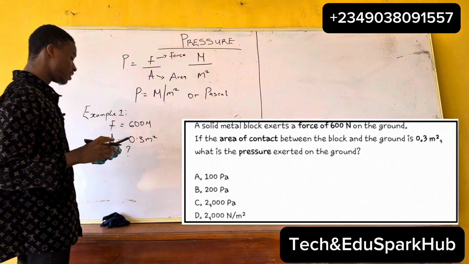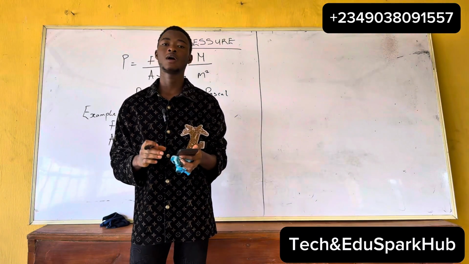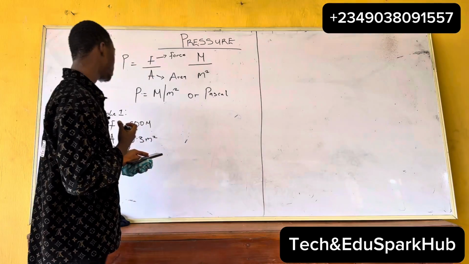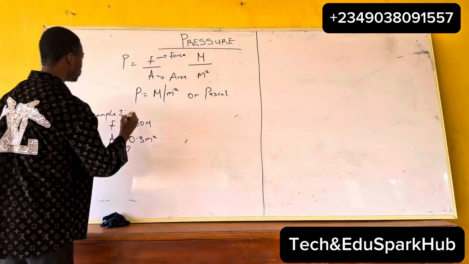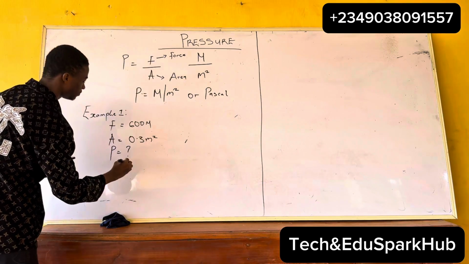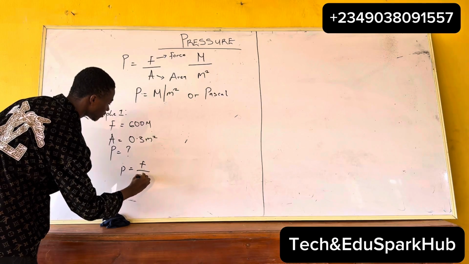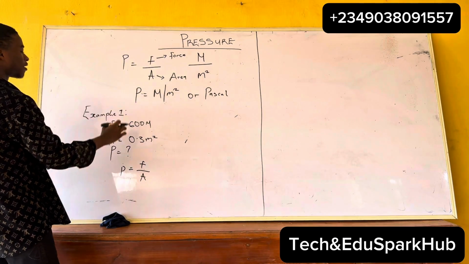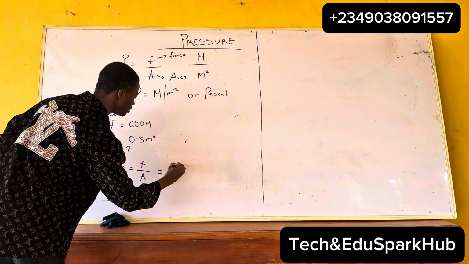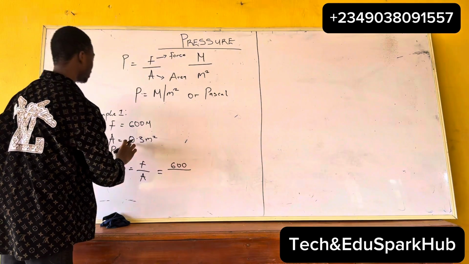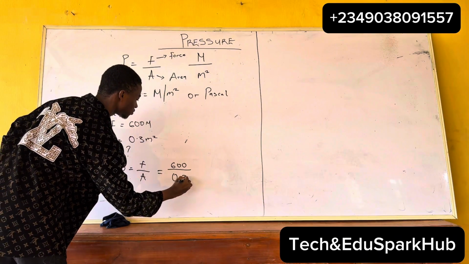When you have any type of question, the first thing to do is to write the given parameters. Once you have the parameters, you can solve the question with ease. Since we know that the formula for pressure, P, is equal to force over area, we can say P equals 600 Newton divided by 0.3 meters square.